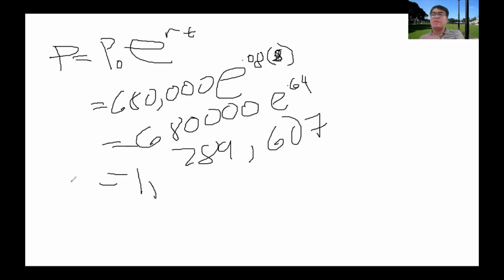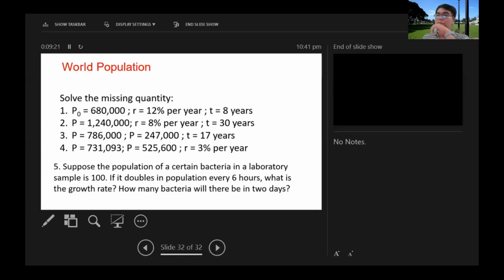So this is P, the population after 8 years. Let's try solving number 2. We are given P is 1,240,000, r is 8%, and t is equal to 30 years.